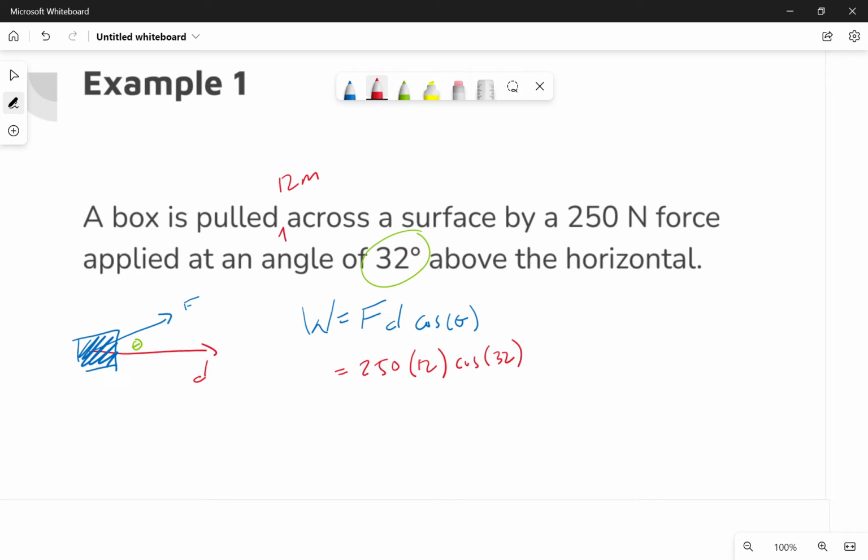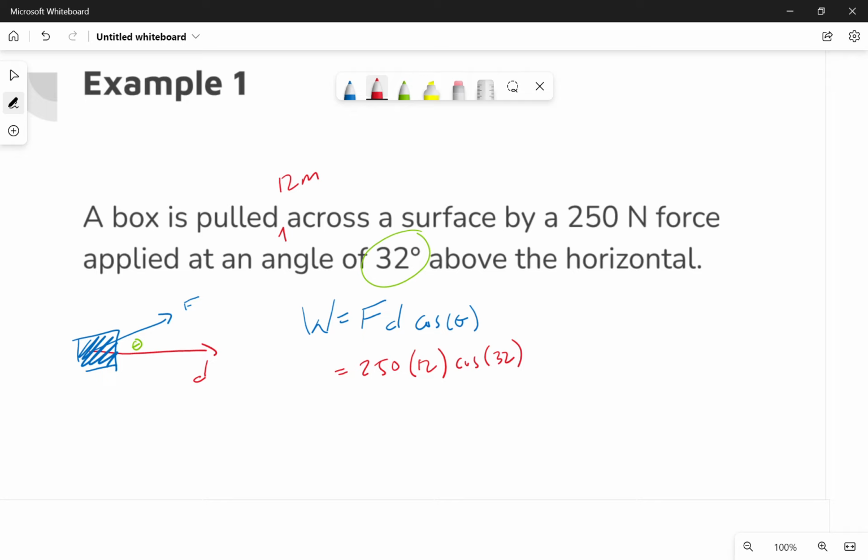So then I can take that and put it into a calculator. Give me 1 minute to do that. So let's see, it's 250 times 12 times the cosine of 32. I make sure I'm in degree mode here.